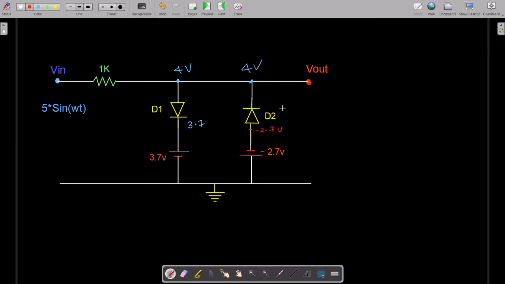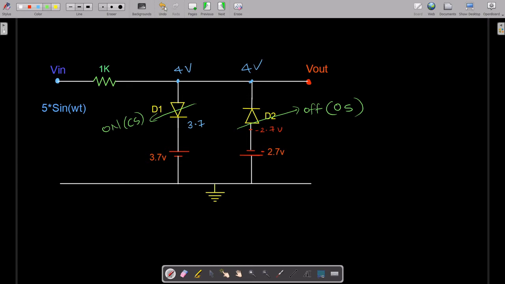So this particular diode will remain off, that means it will act as an open circuit. So let me write over here, CS means closed switch. Sorry, extremely sorry, this would act as an open switch and this would act as a closed switch, okay.